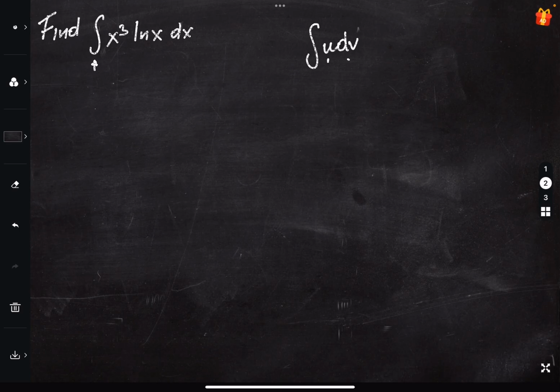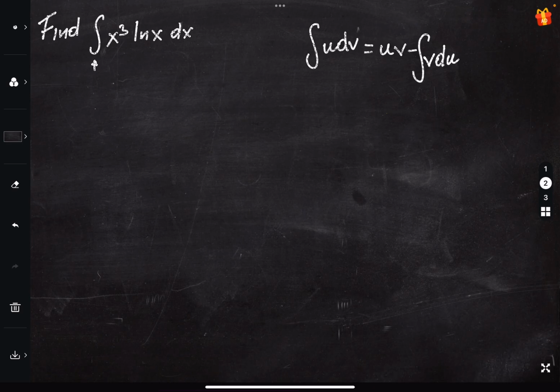So we have part A and part B. So this is equal to u times v, minus the integral of v times the derivative of u. This is the formula we're going to be using to solve this.